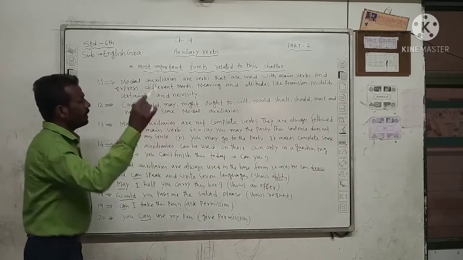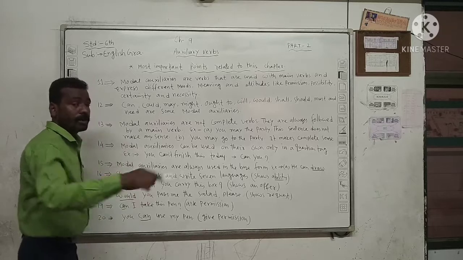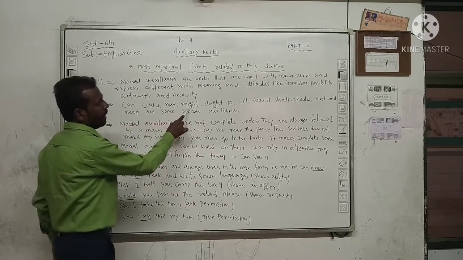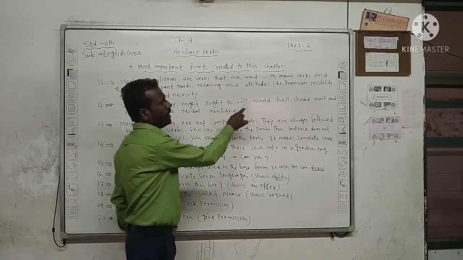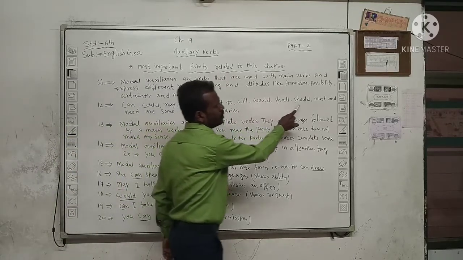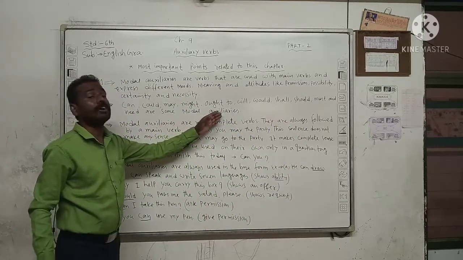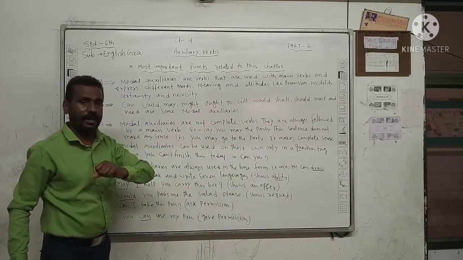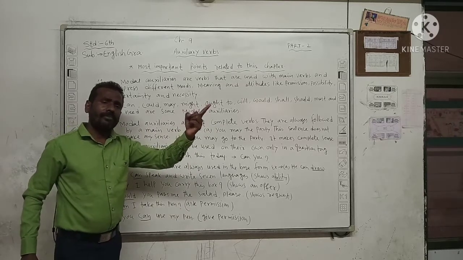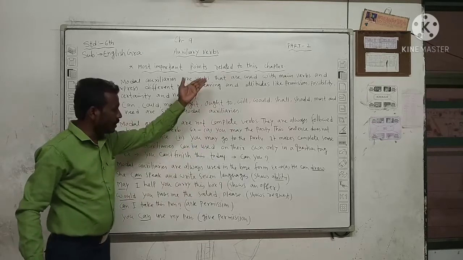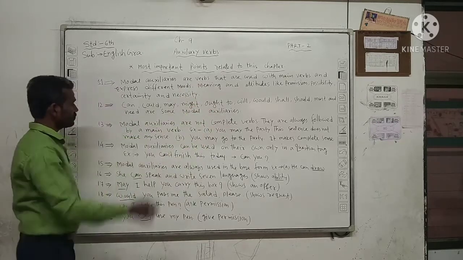A few modal auxiliary verbs: can, could, may, might, ought to, will, would, shall, should, must, and need are some modal auxiliaries. In that there are two types of verbs, auxiliaries and modals. So now modals I am telling.